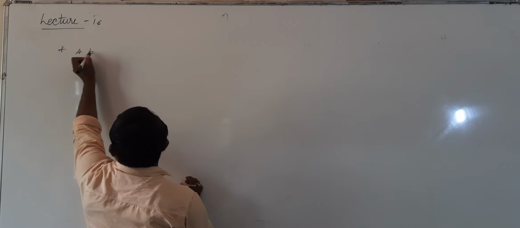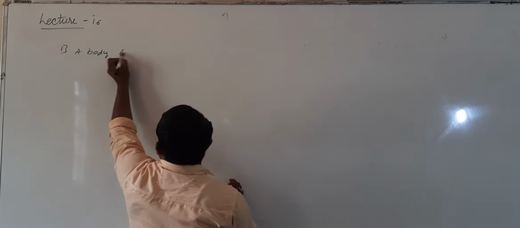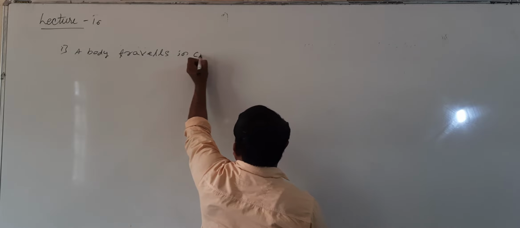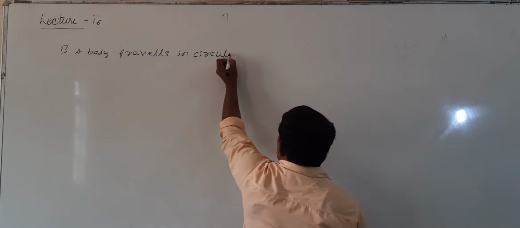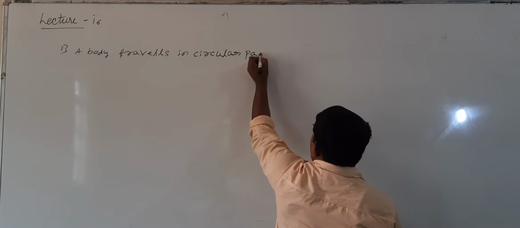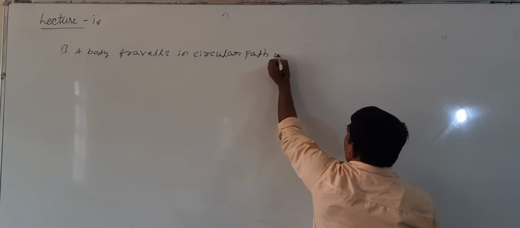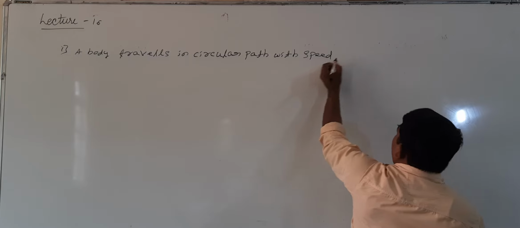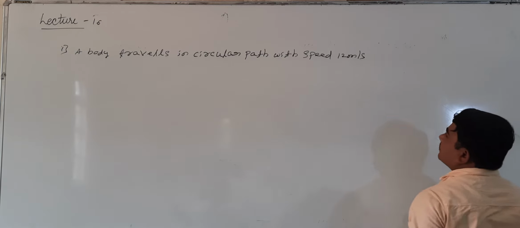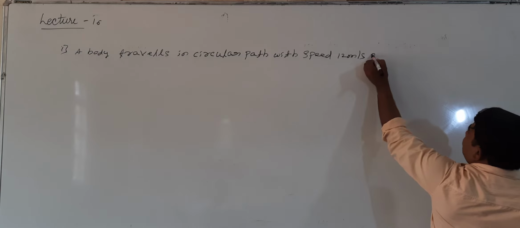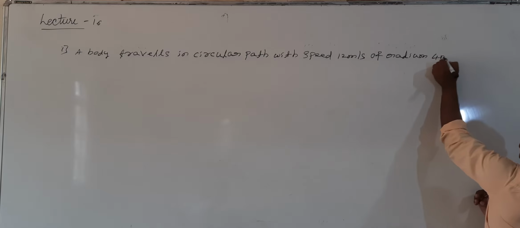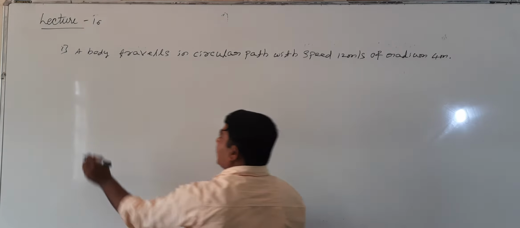First numerical: a body travels in a circular path with speed 12 meter per second, of radius 4 meter.